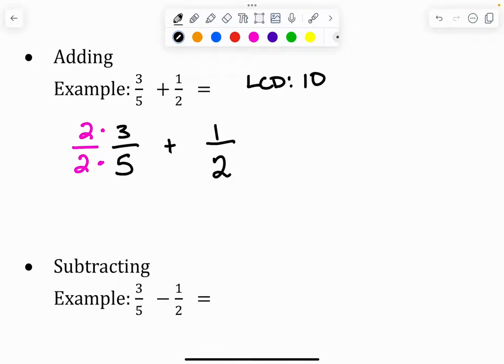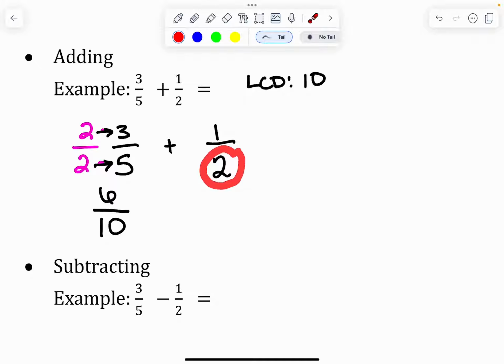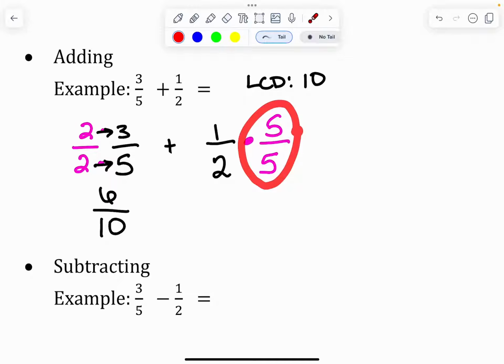So here we end up with 2 times 3, which gives us 6, and 2 times 5, which gives us 10. Now when we look at our second fraction, we need this 2 to be a 10. So we're going to multiply by 5 over 5. And again, anything divided by itself always equals 1.